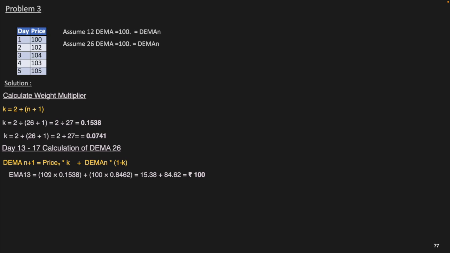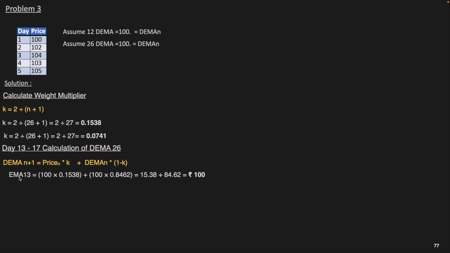One is price of today minus EMA yesterday into K plus the EMA yesterday. You can use that formula, or you can use the formula where it says price of today into K plus the exponential moving average of yesterday into 1 minus K. Both will have the same effect on the mathematical equation and you will get the same answer.